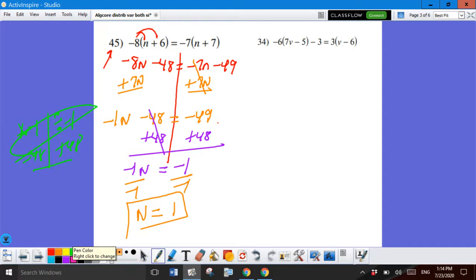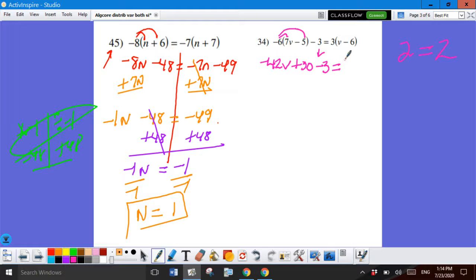All right, so let's move to the next problem. And let's take a look at what we have. And remember, this one is going to force us to do a little bit of combining like terms because I can only have 2 terms on the left and 2 terms on the right. Okay? So I have negative 42v, a positive 30. The minus 3 is going to drop, so this guy dropped.